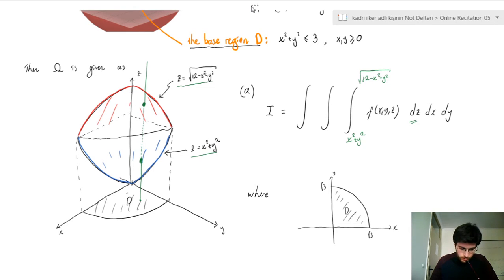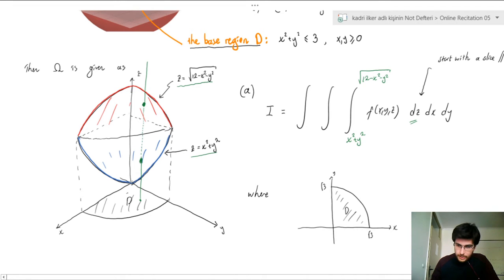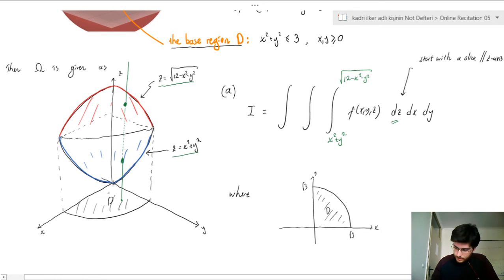Therefore, maybe I should write down our strategy. So the meaning of this iteration, this order, is to start with a slice which is parallel to the z-axis, if you like. And then, as before, remember, first start with a horizontal slice and move it vertically, or vice versa.